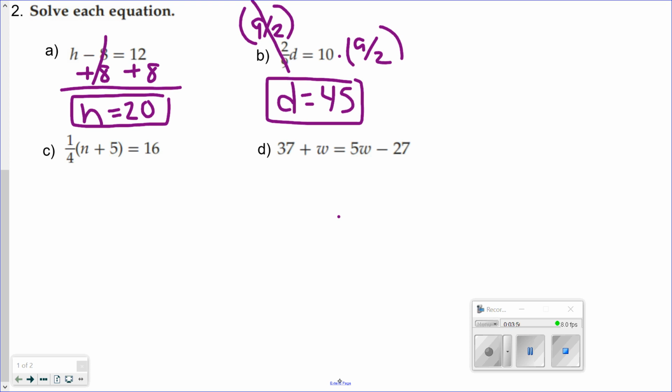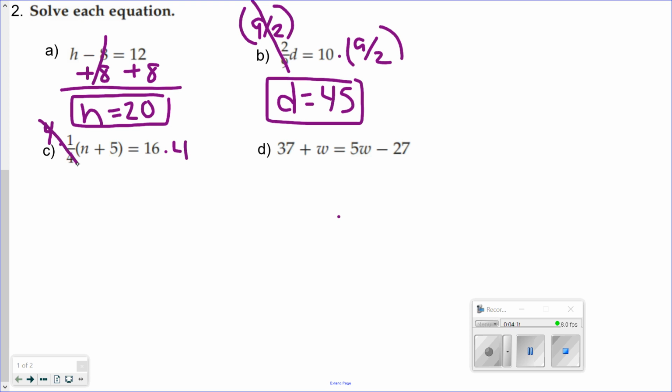So let's think about how I can get rid of a fraction of 1/4. Well, it's just like part B, how we got rid of 2/9, we multiplied by the reciprocal. So the reciprocal of 1/4 is actually 4/1, or just 4. So I'm going to multiply that by 4 and the 16 by 4.